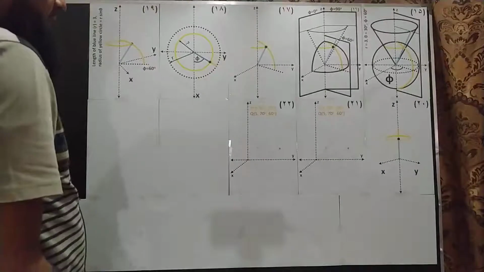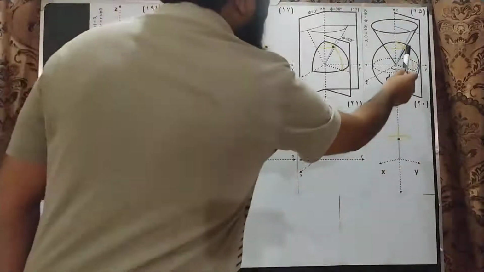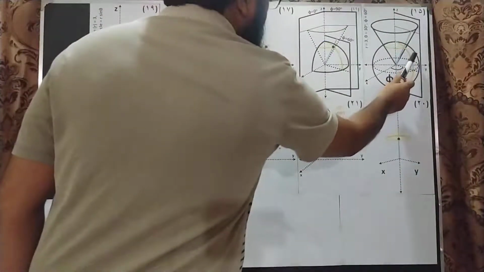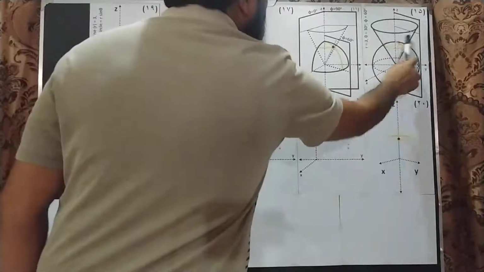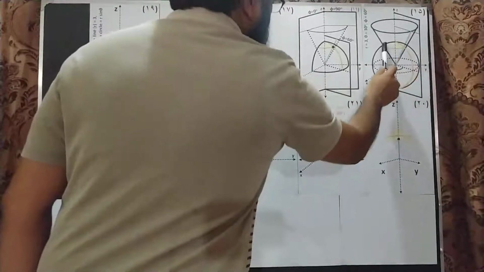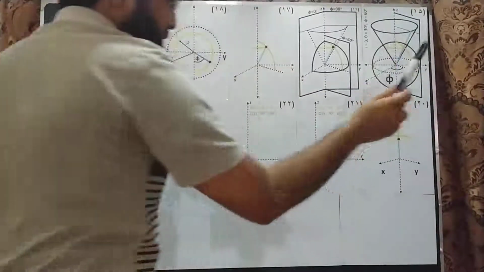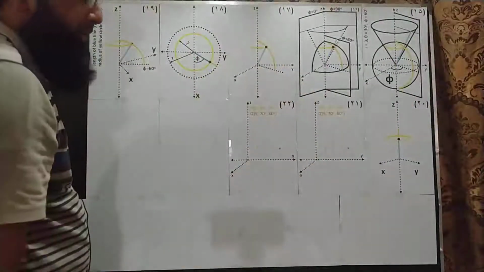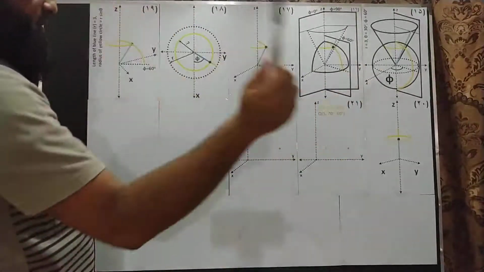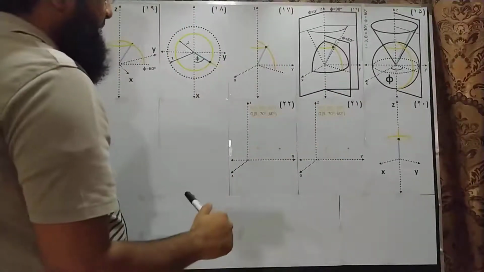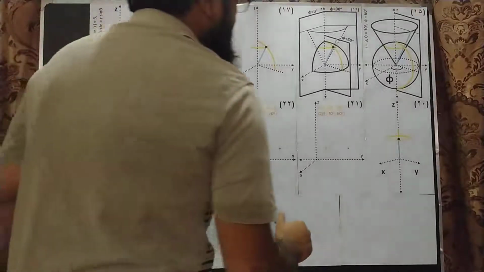We had discussed already that the intersection of the r equals constant sphere and the theta equals constant cone is nothing but the latitude lines on the globe. It is actually a circle, just like the latitude lines on the globe.